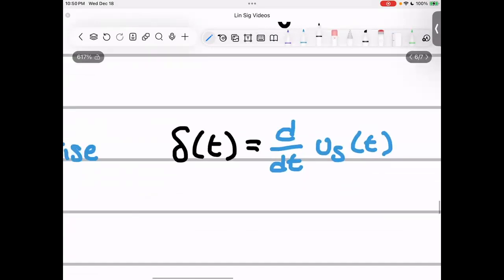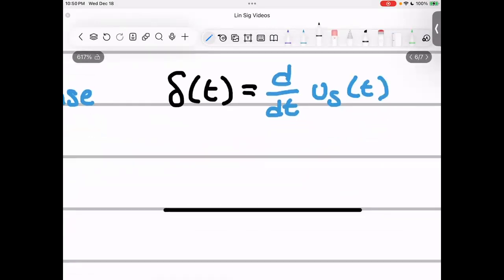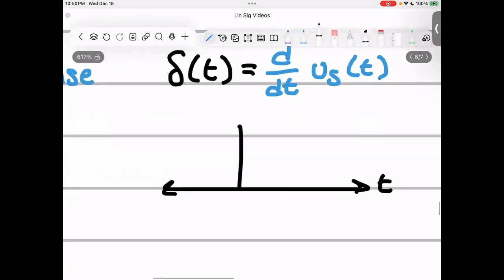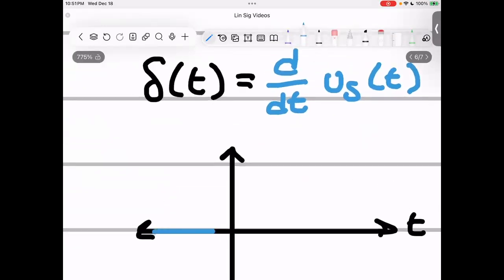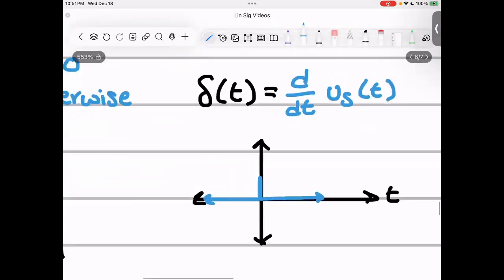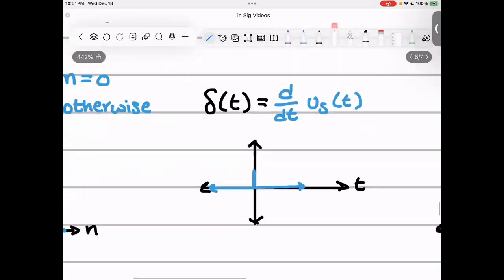And if you were to plot this, we have our time axis here, and then our function axis up here. And in continuous time, we just plot the lines. 0, 0, it's 1, and then it's 0. And this technically isn't kosher for the class, but that's just an idea of what this would look like.